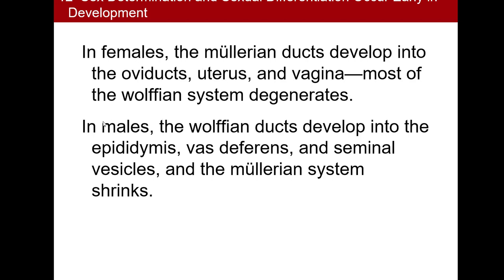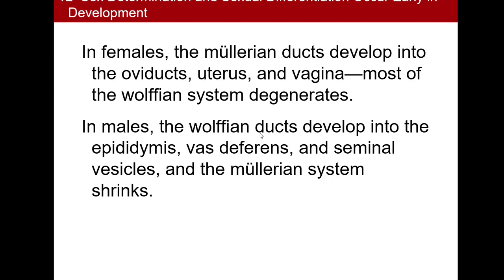On the other hand, in males, if you have XY chromosomes, then you have an SRY gene. The SRY gene causes the indifferent gonad to become a testis, which would then lead to the development of the Wolffian ducts, because there's testosterone being produced and anti-Mullerian hormone being produced.